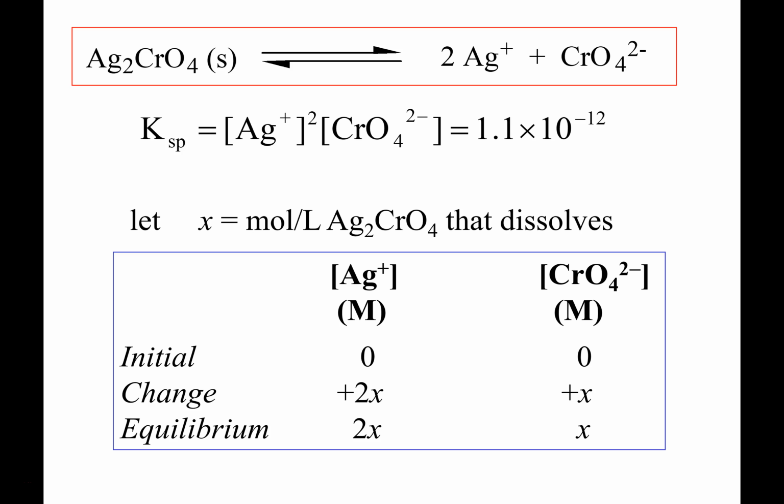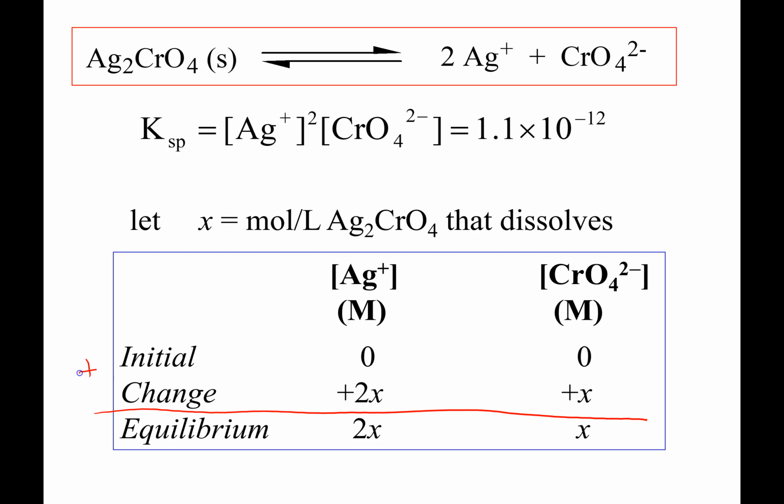Now, we go ahead, again, state that let X be equal to the molar solubility or moles per liter of Ag2CrO4 that will dissolve. Then you end up with your ice table like this. Again, the initial molar concentration of your cation and anion is 0.